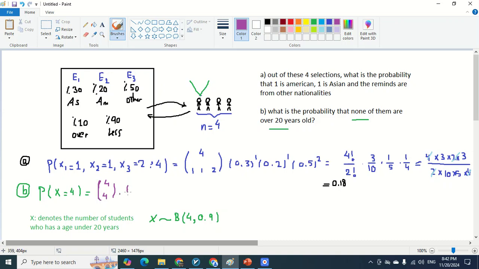Then the probability of success, getting under 20, is 0.9 to the power of 4, and 0.1, the probability of failure, to the power of the number of failures, which is 0, and a number to the power of 0 is equal to 1. So at the end of the day, it will be 0.9 to the power of 4.